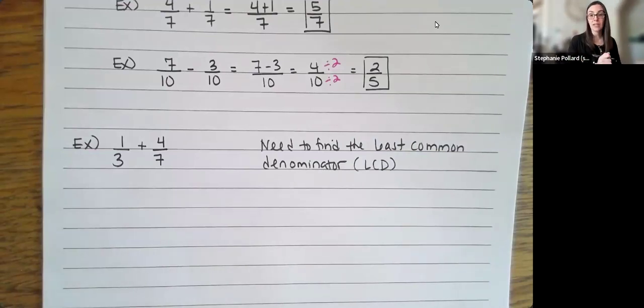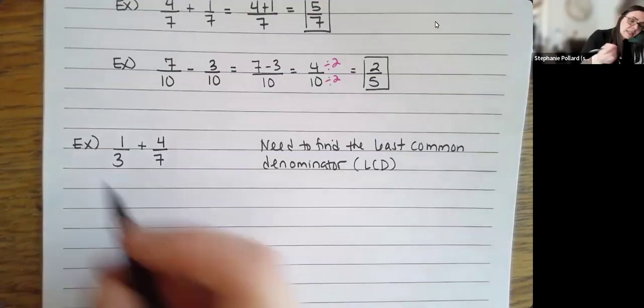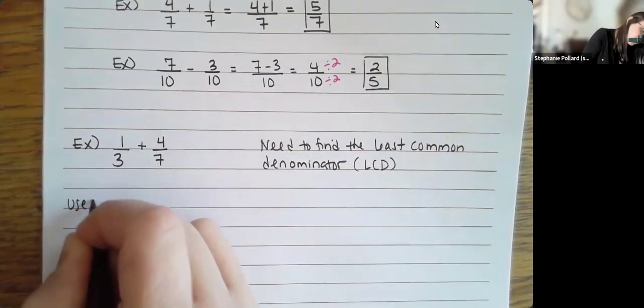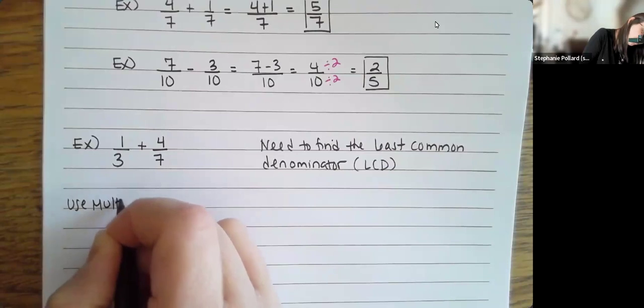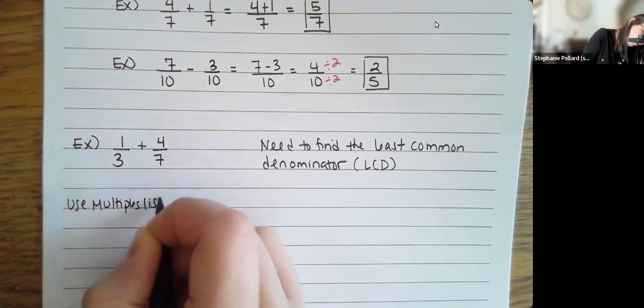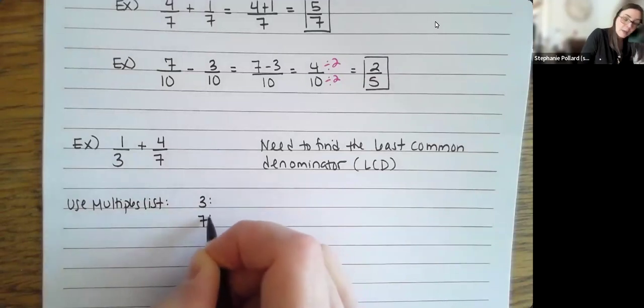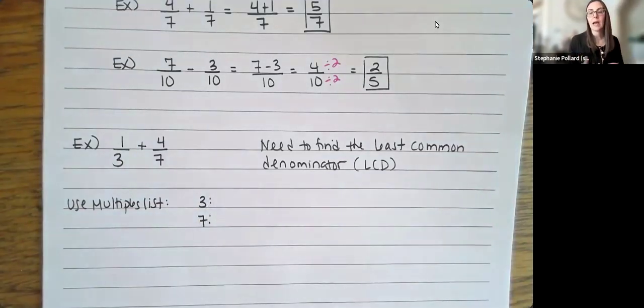Now, there's different ways to do it. A very basic way, if you're having trouble starting out, is to think about your multiples. So you can use a multiples list. I could start with the number 3 and then the number 7, and I'm going to list the multiples. That is times 1, times 2, times 3, and so on.